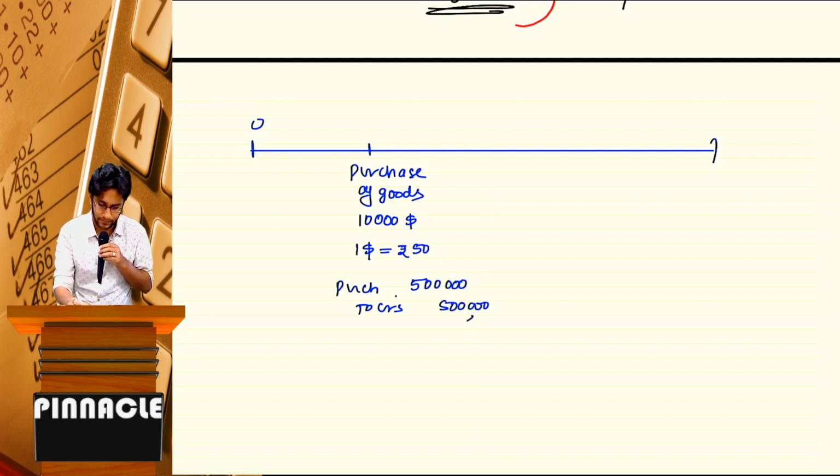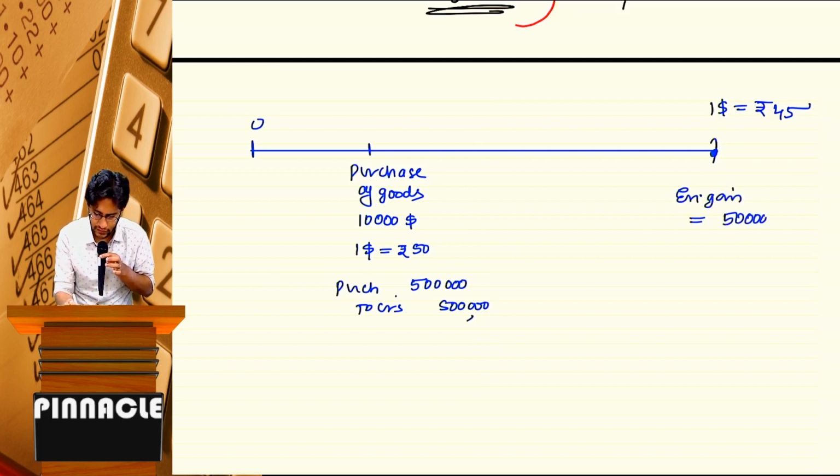Coming to year end, closing exchange rate, $1 is equal to 45. So there is an exchange gain. How much gain? 5 rupees per dollar into $10,000, so 50,000 rupees exchange gain is there. Closing creditors will now be equal to 4,50,000.